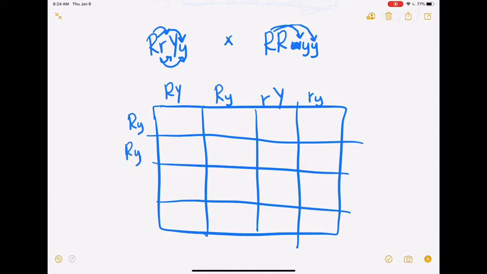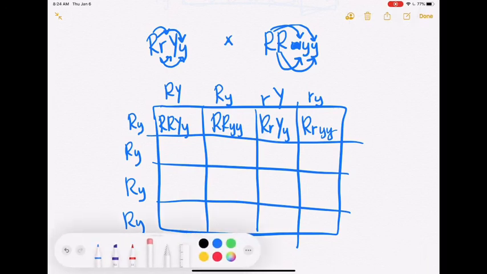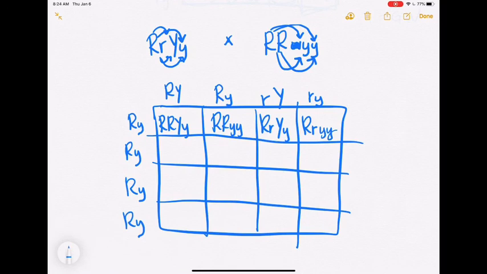Now, when we do this one, if we FOIL, we're going to get big R, little y, for each of the other parent's gametes. So, let's fill this out real quick. Now, I could keep filling out all of these bottom boxes, but all a Punnett square gives us is a ratio.